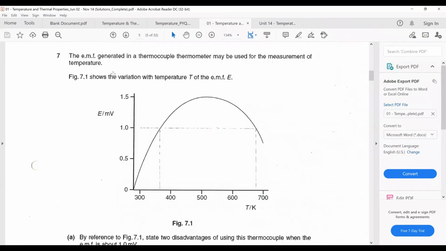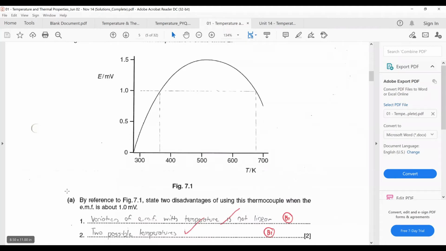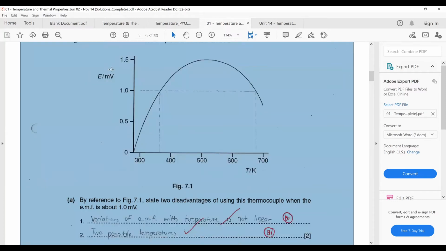They tell you the EMF generated in the thermocouple thermometer may be used for the measurement of temperature. The variation of temperature T with EMF E is shown here. By reference to figure 7.1, state two advantages of using this thermocouple when the EMF is about 1 millivolt. So your thermometric property here is your EMF.